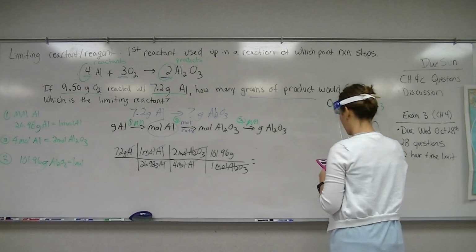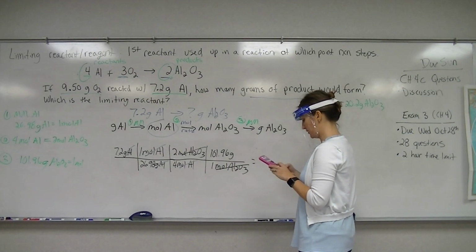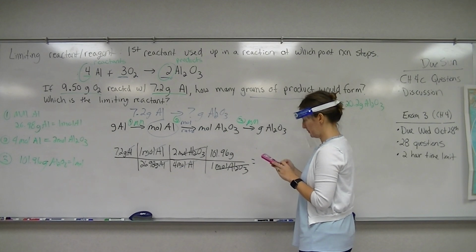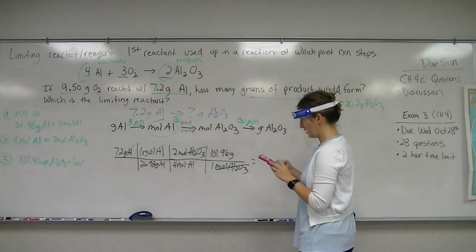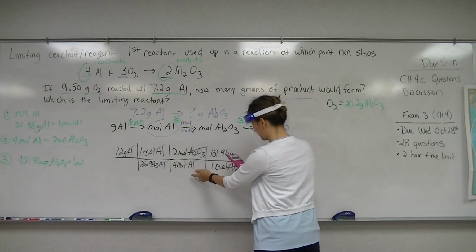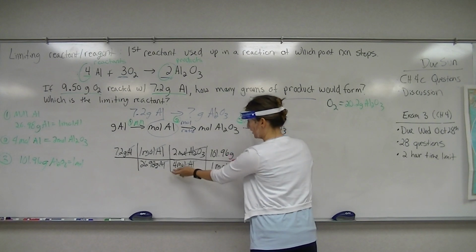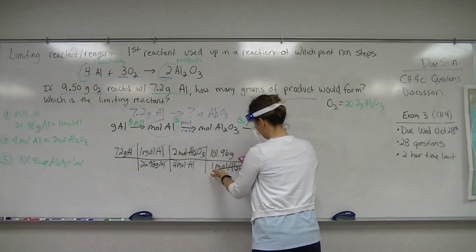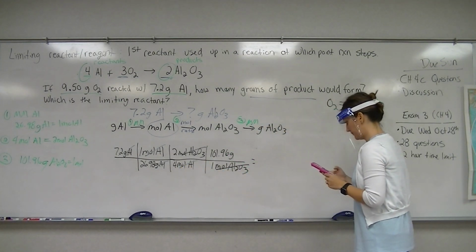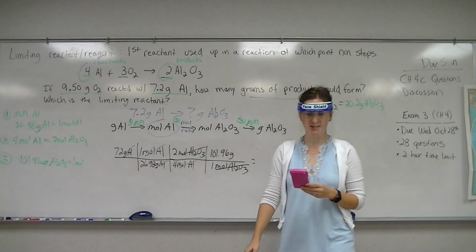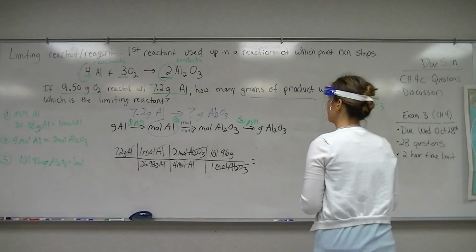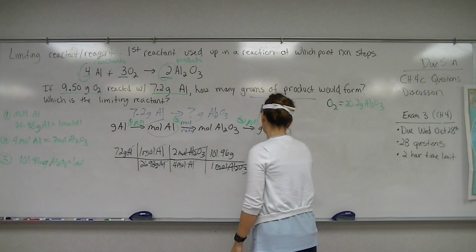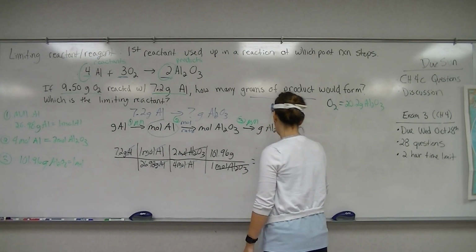So by multiplying across, I'm taking 7.2 times 2 times 101.96, dividing that by everything on the bottom, so 26.98 times 4 times 1, I get 13.6. And that's grams of product.